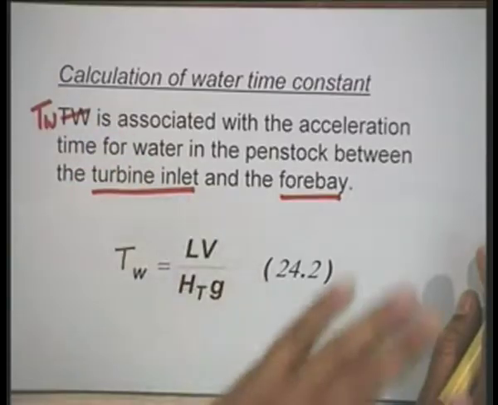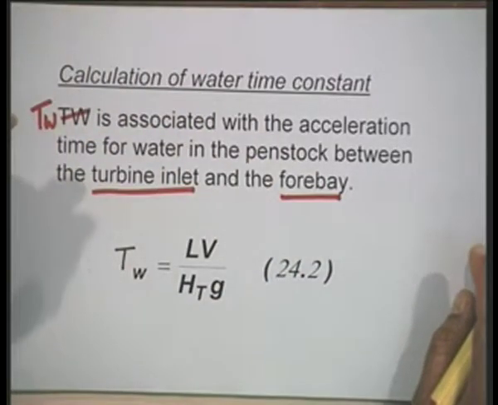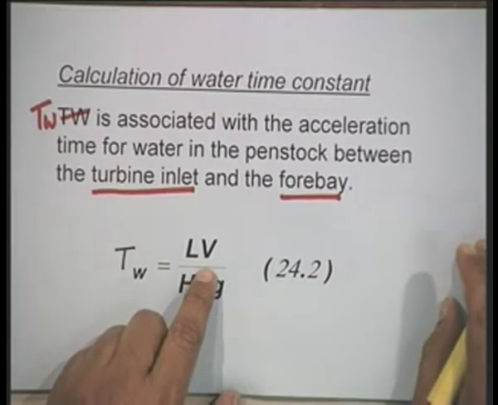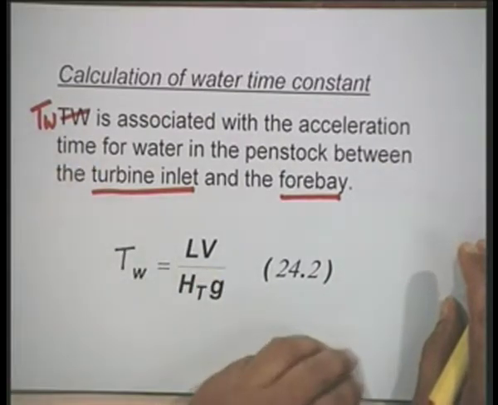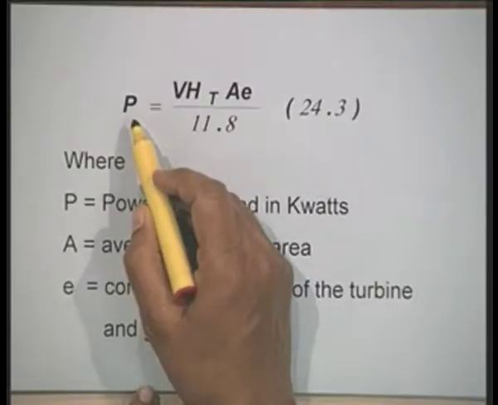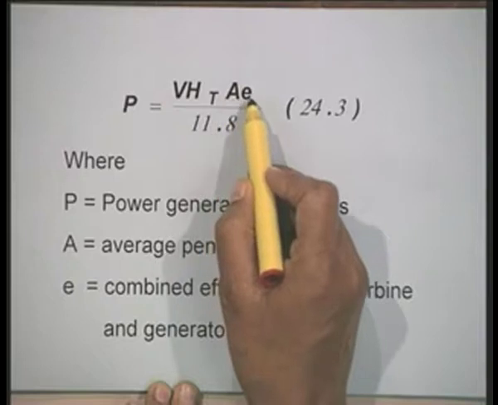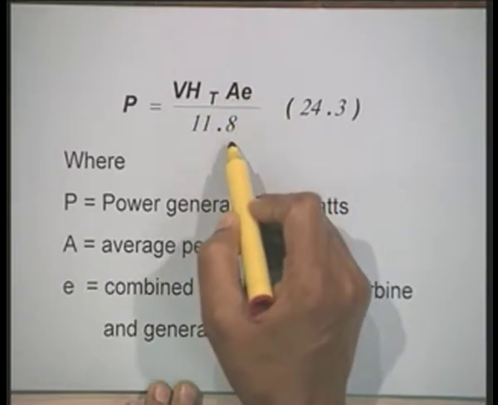Now, there exists a relationship between the power developed and the various parameters of the system. Therefore, in this equation the velocity will be replaced by power and other terms. The power generated is given by the equation P equals V into HT into A into E divided by 11.8.